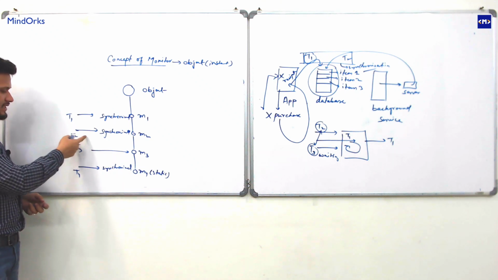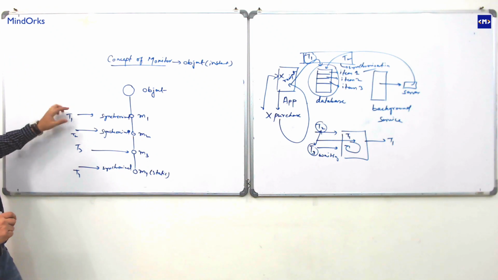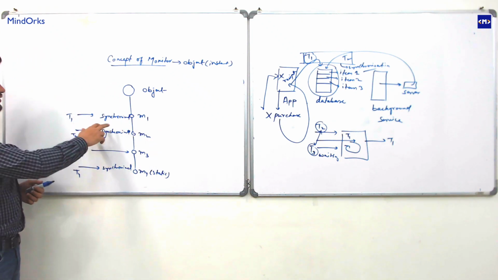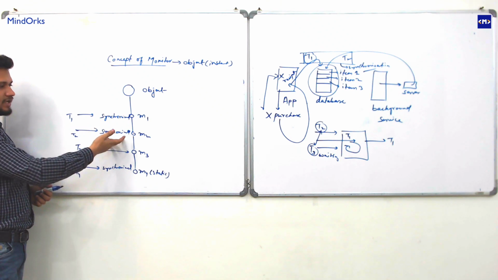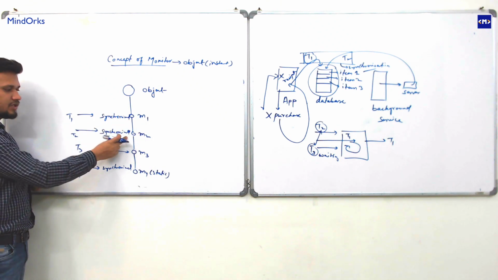Similarly, at the same time T3 and T4 also call. When T1 first enters the instance, any thread trying to access the instance will wait if it is also synchronized.